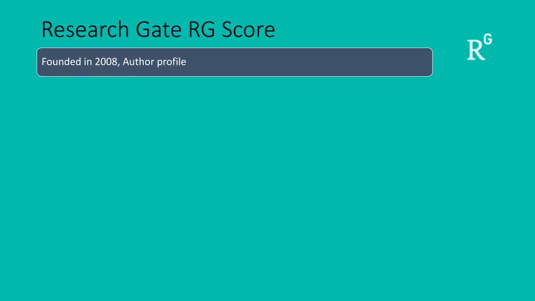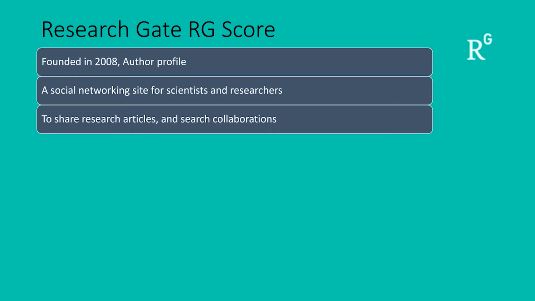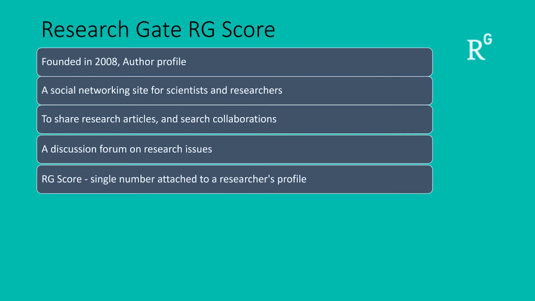ResearchGate was founded in 2008 by a group of scientists, and it acts as a social networking site for scientists and researchers to share research articles, seek collaborations, and discuss the scientific aspects of research.